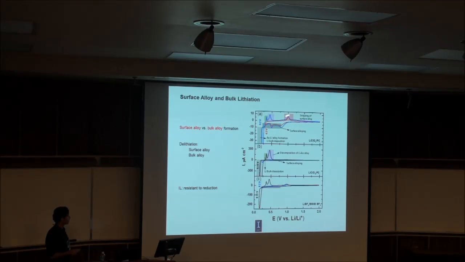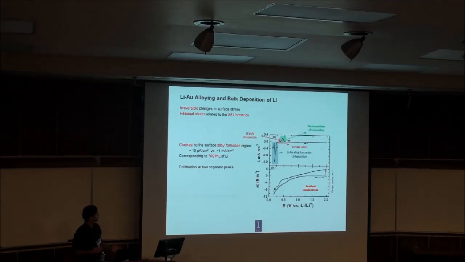So this is surface alloy formation, but if you go low in potential, then we have the bulk alloy formation of lithium and gold. So now the question is, what will happen with the surface stress? When we go negative in potential, we put lithium into the surface.